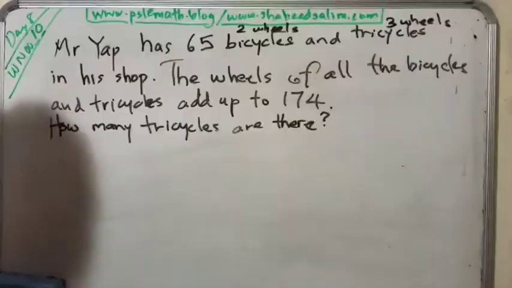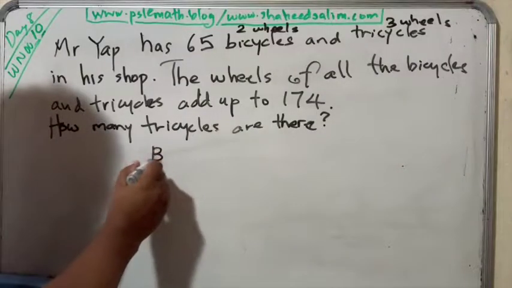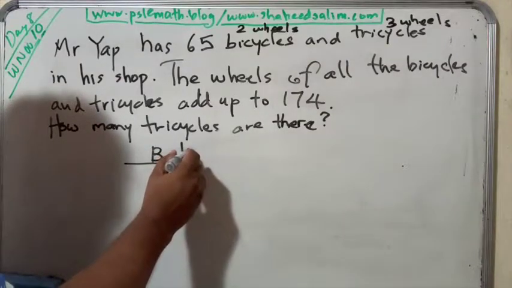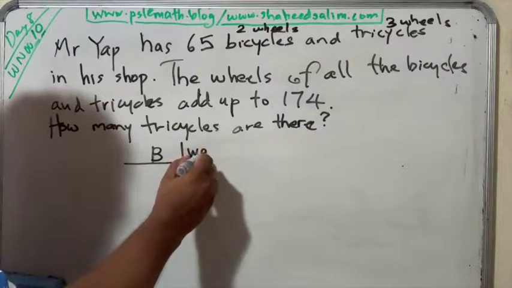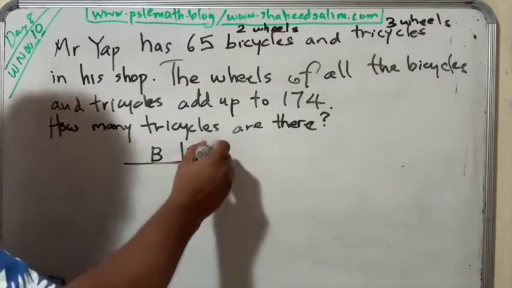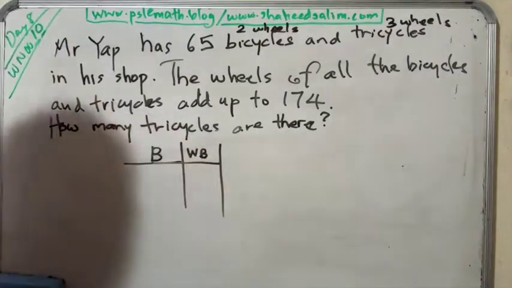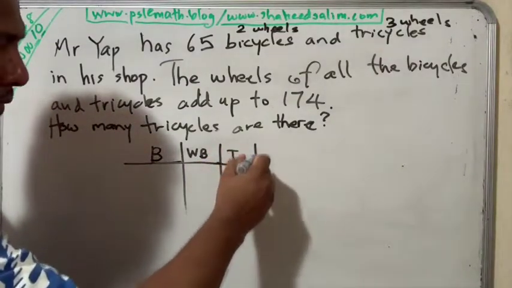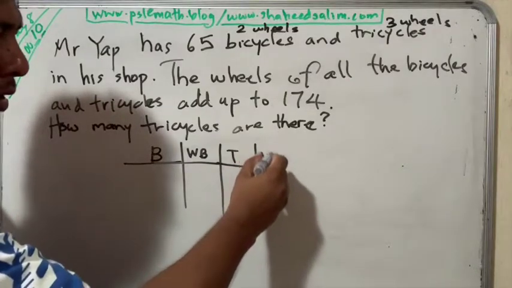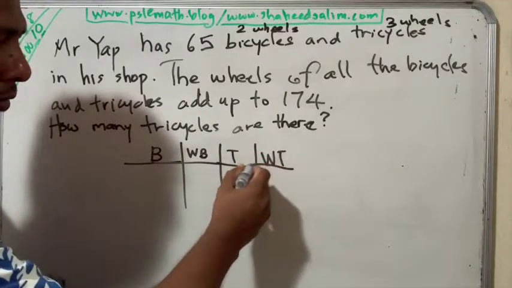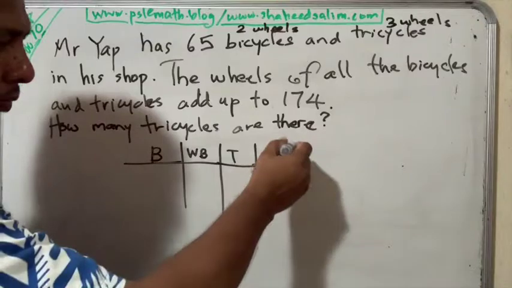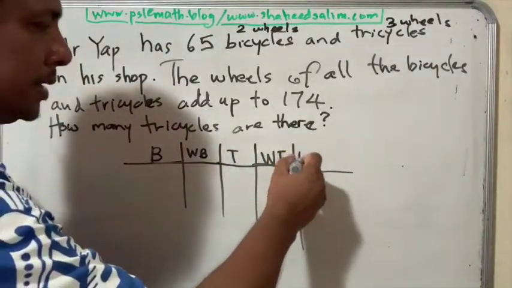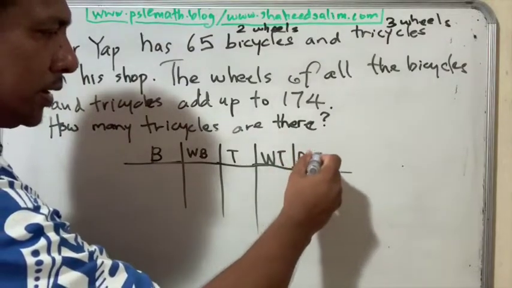Here we go. You have bicycles, and the next one is the wheels of the bicycle, and the next column you have tricycles, the number of tricycles, and the wheels of the tricycles, and they add up to the total number of bicycles plus tricycles.